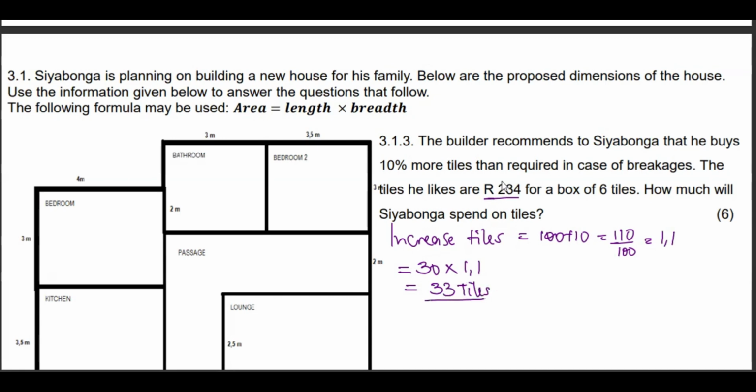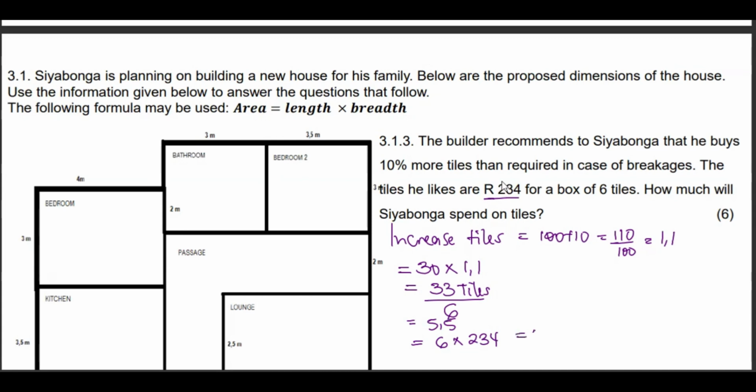I pack these in boxes of 6. How many boxes will I have? It tells me I will have 5.5. I can't buy half a box. So simply meaning I'll buy 6 boxes. When I buy 6 boxes, I pay 234 for each.